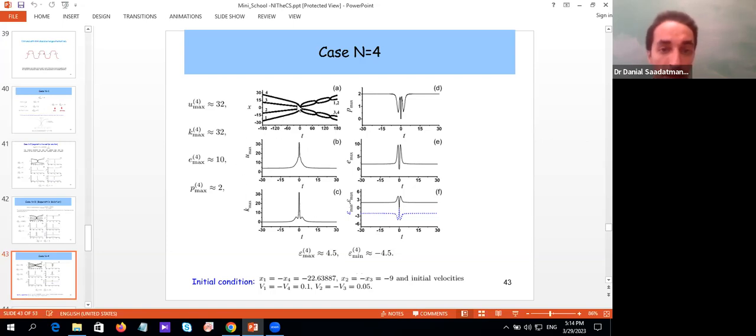As you see in figure 8, kinks 2 and 3 move toward each other, and we play with the parameters of kink and anti-kink 1 and 4 in order to collide all the kinks and anti-kinks at one point. As you will see, the maximal value of the energy density here is 32. And the other values, you will find them here.